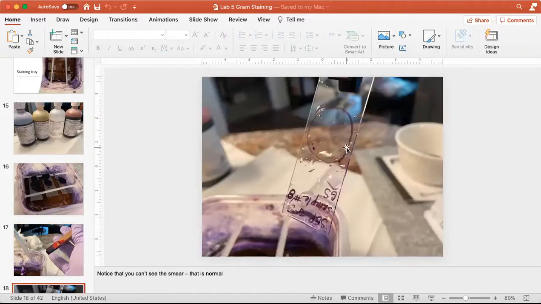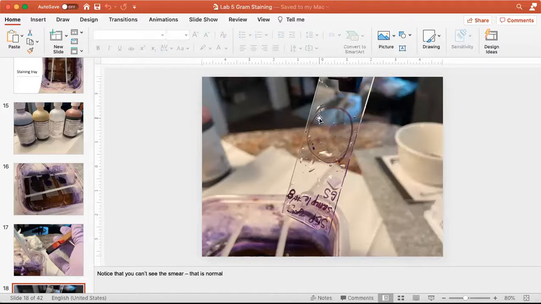Now I want you to notice something here. Look into this Sharpie area here, the Sharpie circle. This is where my smear is, and I just stained it with crystal violet, but my slide doesn't show any purple on it. Remember, if you make a smear correctly, you're not going to see stain until you look under the microscope. Remember what we're doing here.